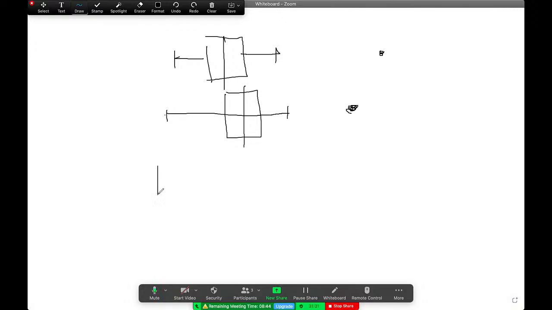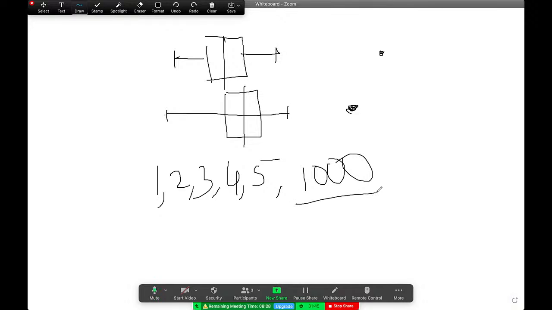So let's say you have 1, 2, 3, 4, 5, and then all of a sudden you had 1,000. So this is obviously an outlier, way too far out.